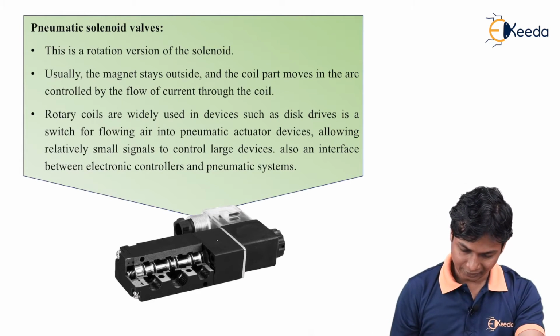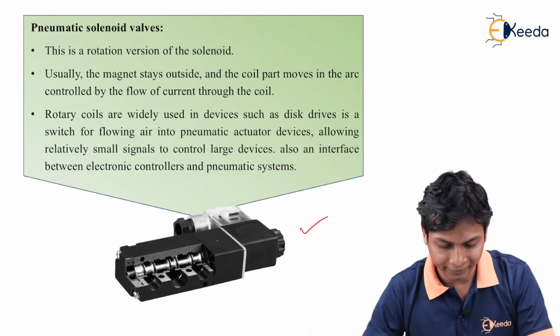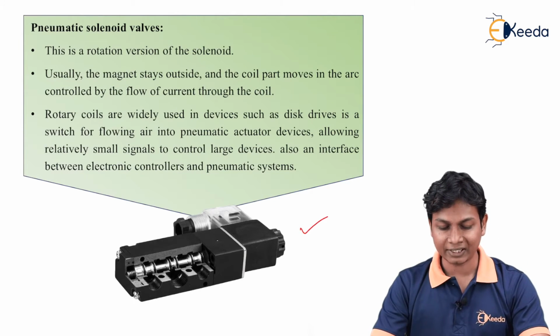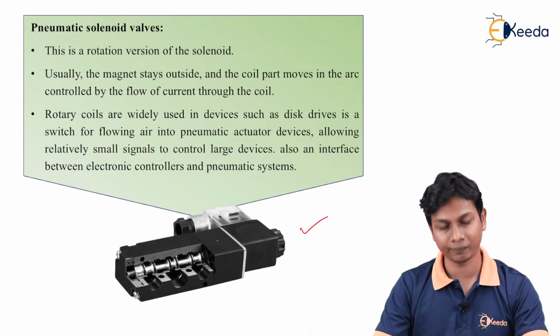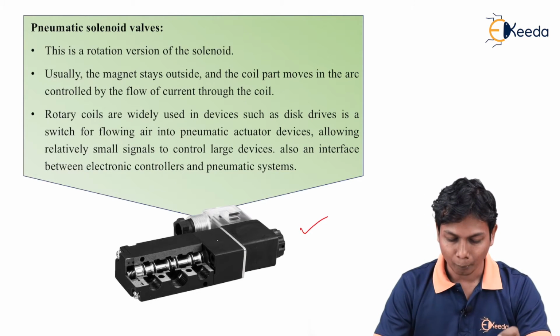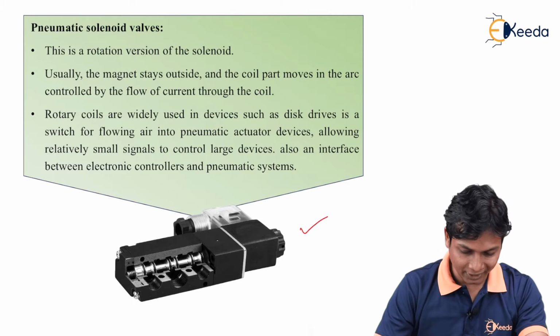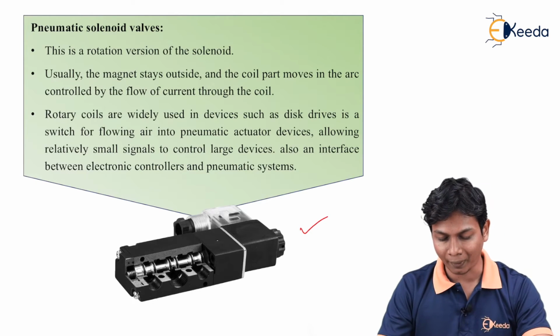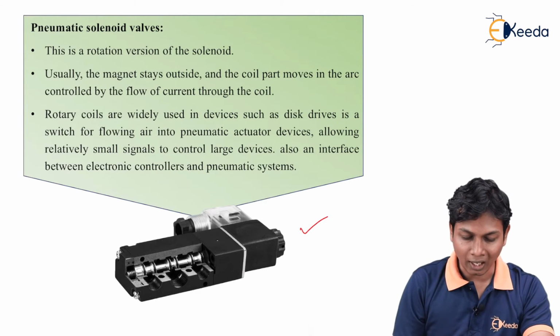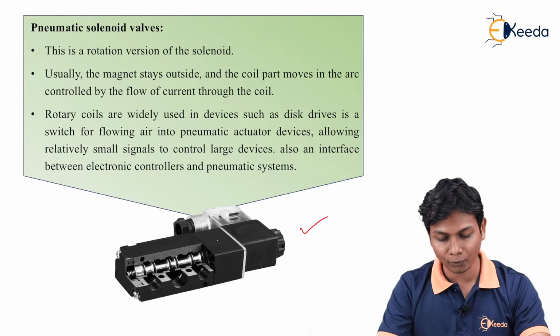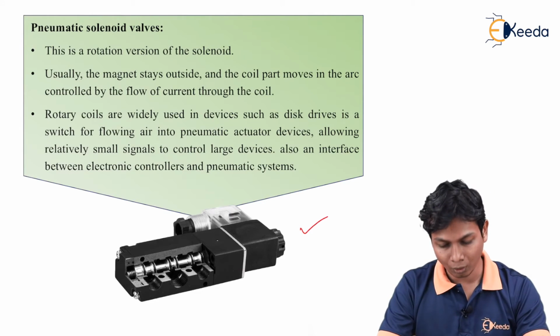Now, what is a pneumatic solenoid valve? Here you can see the picture of a pneumatic solenoid valve. This is a rotation version of a solenoid where the magnet stays outside and the coil part moves in an arc controlled by the flow of current through the coil.